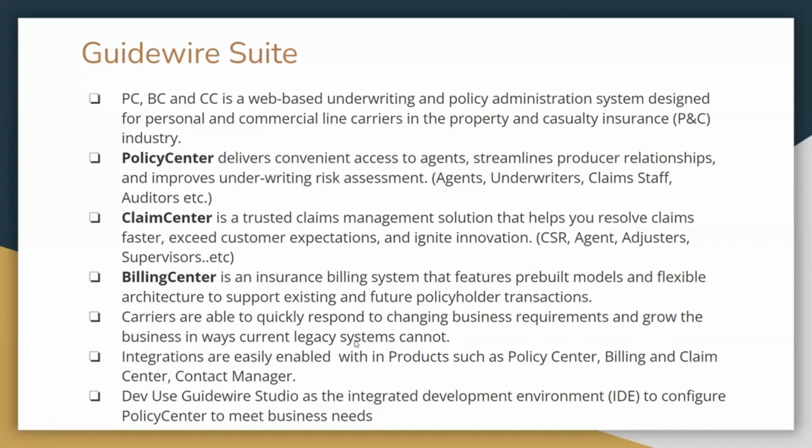Those have a lot of disadvantages, like document creation, document upload, underwriting risk management, and they might not integrate properly with third party integrations. Carriers are nothing but the companies, the clients, and nowadays they are moving to Guidewire applications.